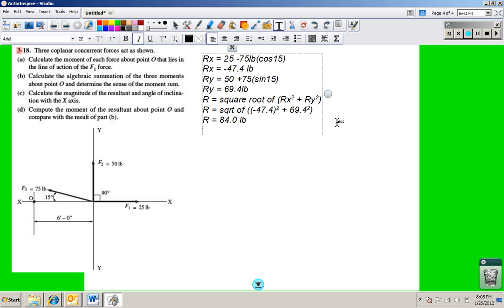Now the angle comes from tangent, we'll call that angle A, is equal to Ry divided by Rx, which means that A is equal to the arctan of Ry, which is 69.4, divided by 47.4, and I'll plug that into my calculator and get 55.7 degrees.